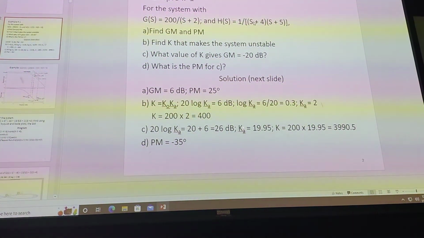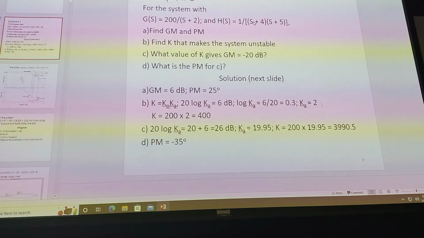and then I have the K that I have to increase in order to have the system working at 20 gain margin, or minus 20 gain margin, because it is evaluated 20, but the gain margin will be minus 20. So I have to increase this number.